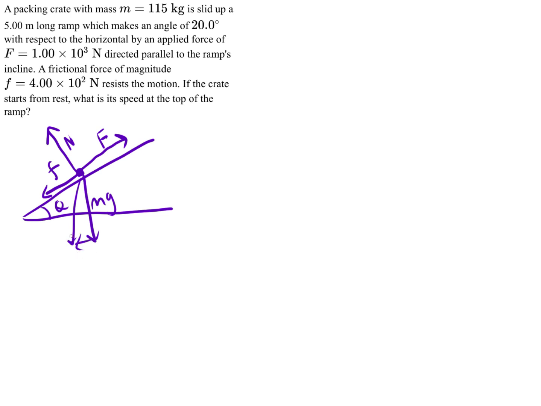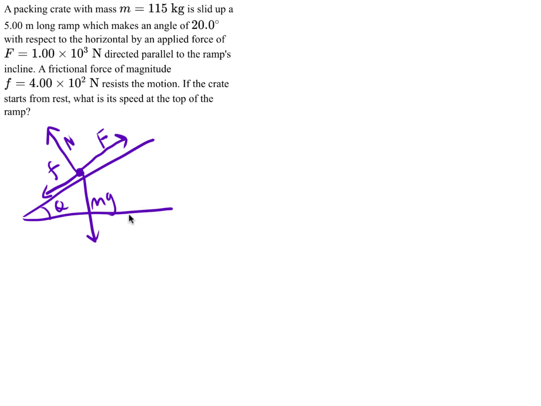So that would be what it would kind of look like. And this one is the one that we're focused on. If this is mg and this is the angle theta, then this would be mg times the sine of theta. And this would be acting parallel to the ramp, and the same as the frictional force.